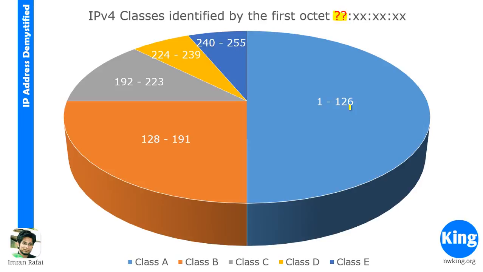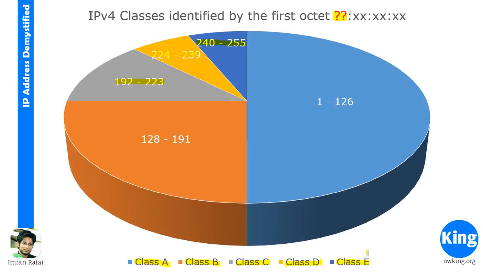In that case, it is a class A IP address. If the first octet is between 128 and 191, it is a class B IP address. If the first octet is between 192 and 223, it is class C, between 224 and 239, it is class D, and 240 to 255, it is class E.